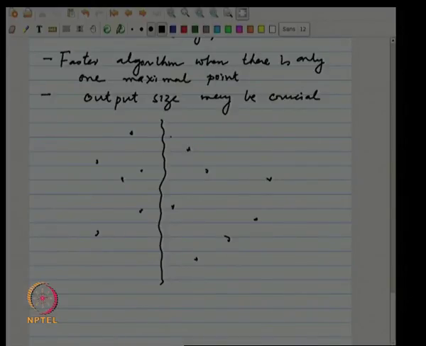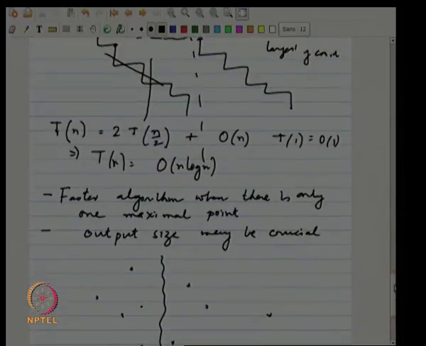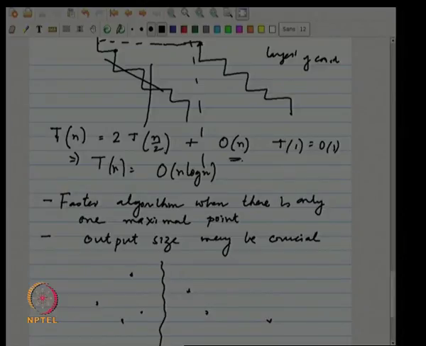And for that, do I have to sort? No, I only need to find the median, which takes order n time. By the way, I forgot to mention that this order n term not only has the component for merging, but also has the component for finding the median. It has both these components.